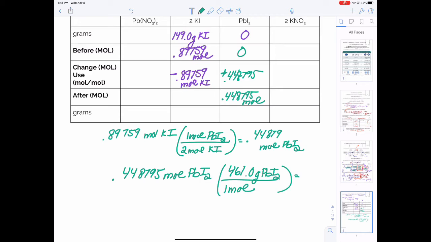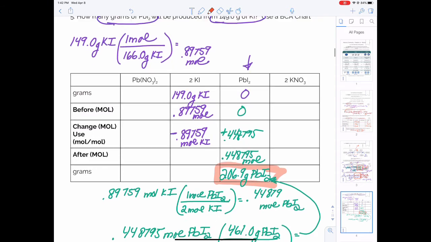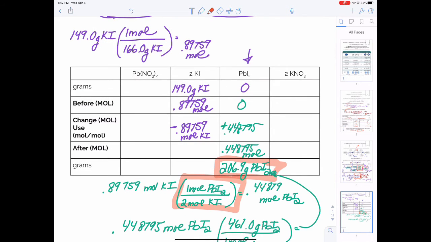What does that come out to be? That comes out to be my answer here, which is 206.9 grams of lead 2 iodide. The only time that I use the coefficients from the balanced chemical equation was in my mole over mole parenthesis.